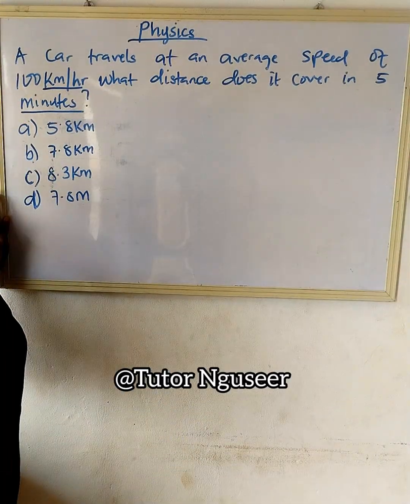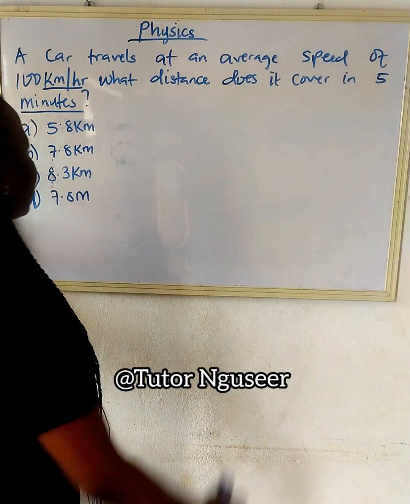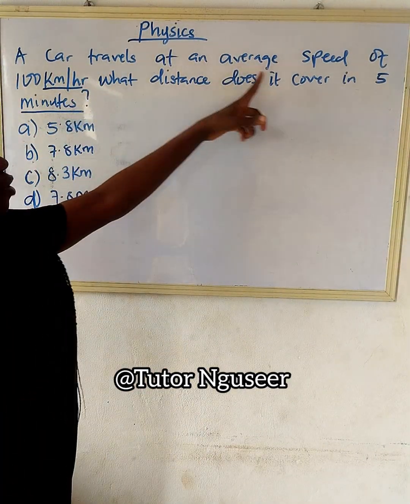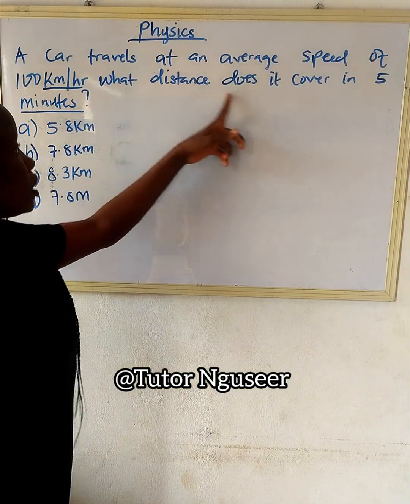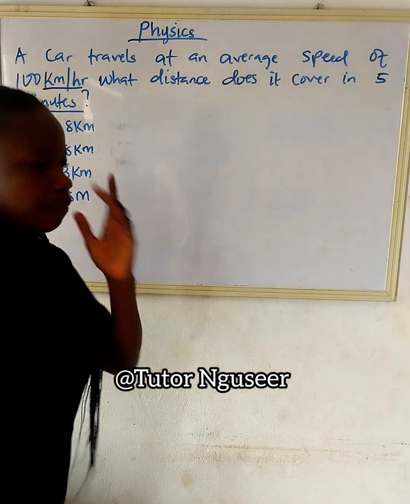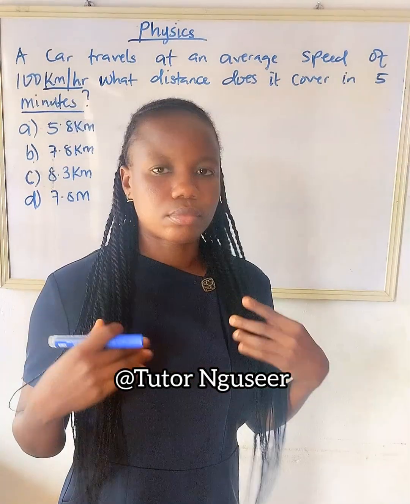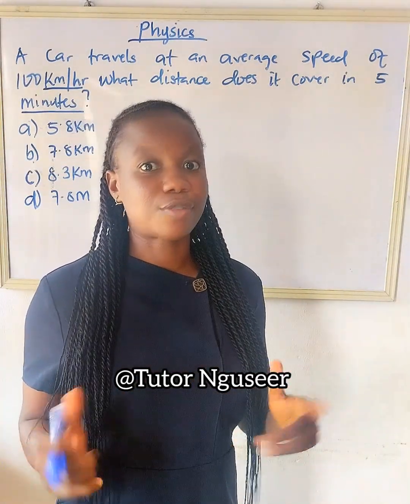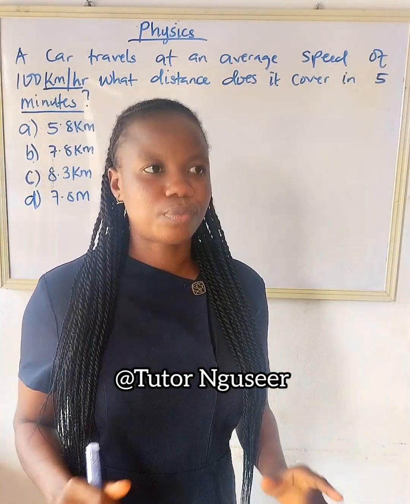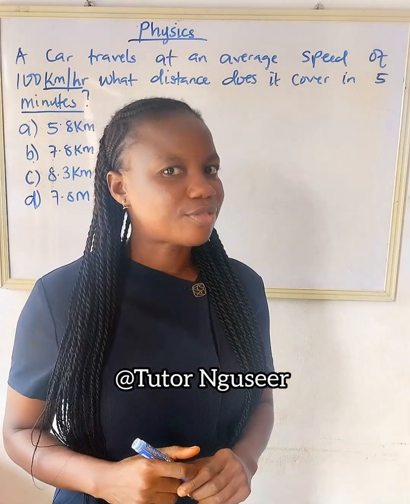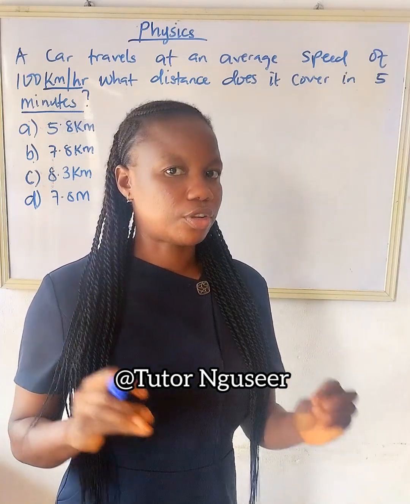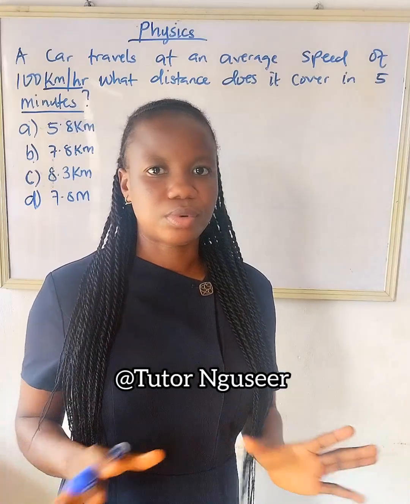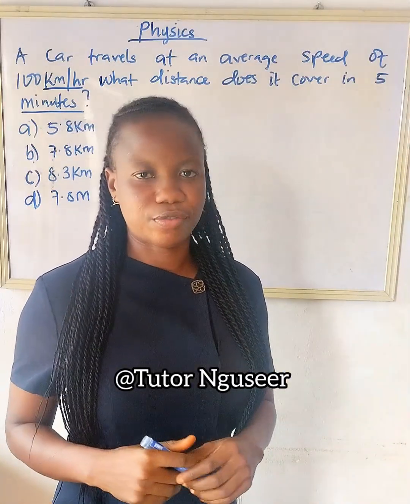Alright, so today I have a question on the board that says a car travels at an average speed of 100 km per hour. What distance does it cover in 5 minutes? So when you have a question like this in physics, the first thing that you should do is identify the quantities. What and what and what are you given in the question? So this is what I do anytime I'm faced with any question in physics.